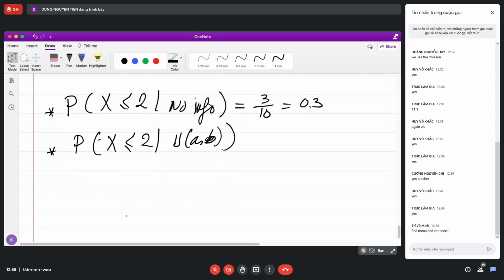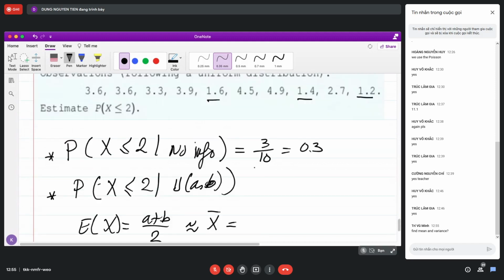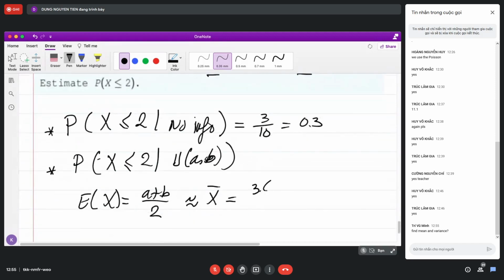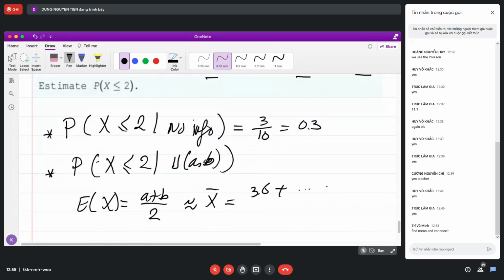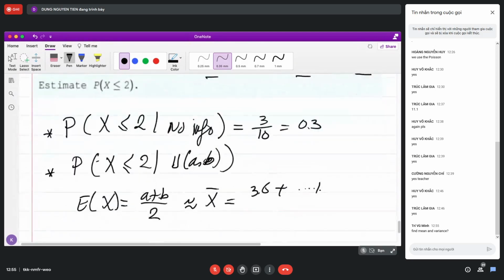Well, in this case, you can find the mean of x, which is (a+b)/2, and I can approximate it by the average value. The average value is simply 3.6 plus ... 1.2, all divided by 10, right? And you can get a number. Understand? Okay.